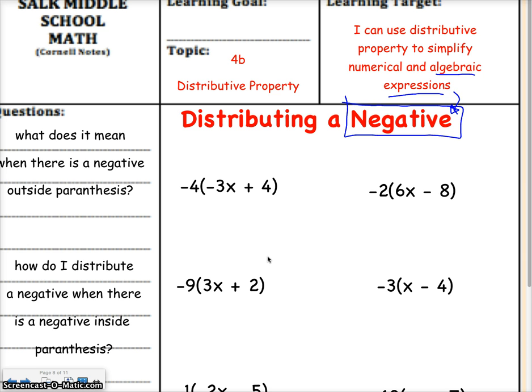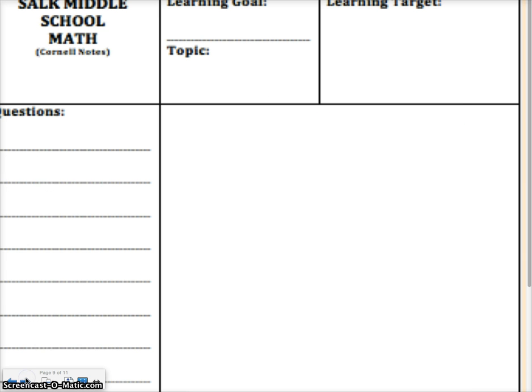I do just want to refresh your memory on what the distributive property told us. If you recall from Friday, the distributive property means to multiply. There's something sticking to the outside of parentheses, and you need to bring it to the inside.